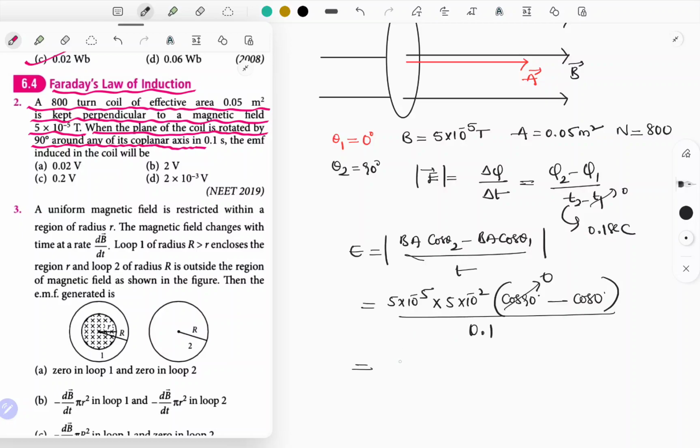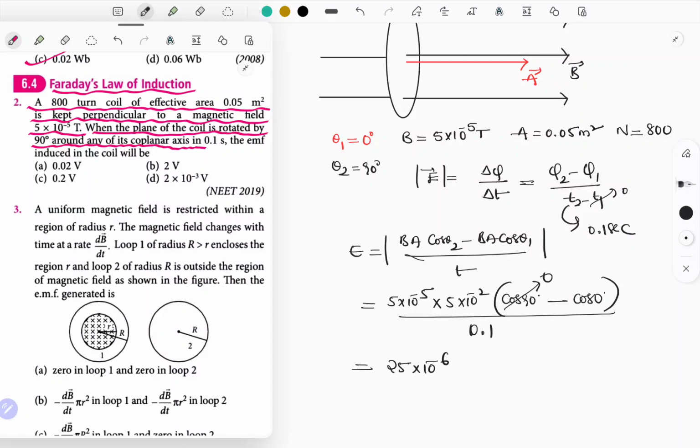So the final answer is going to be, 10 power minus 1 goes to the numerator, 1 by 10 will be 10 power plus 1, 10 power minus 6. Answer is going to be 25 into 10 power minus 6.